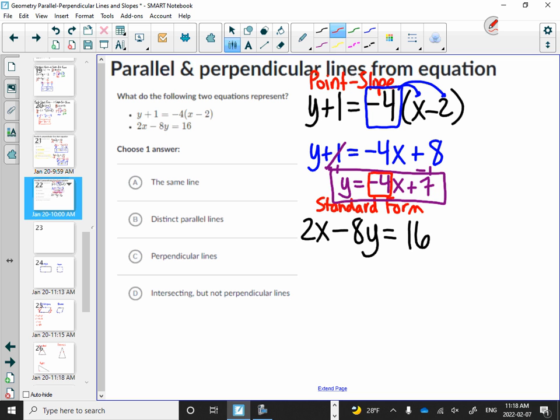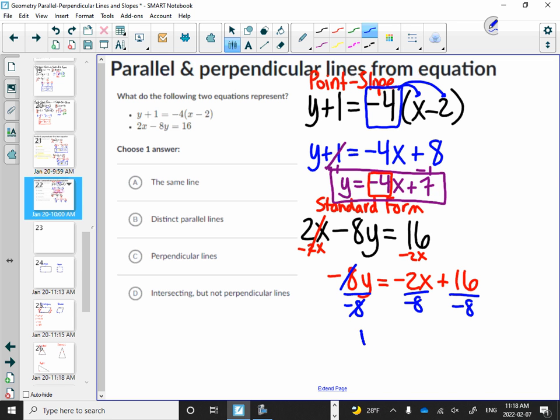I'm going to convert this real quick, which we should be getting better at. Subtract 2x from both sides. Negative 8y equals negative 2x plus 16. Divide by negative 8. Okay. Y equals, what's a negative divided by negative? Positive.